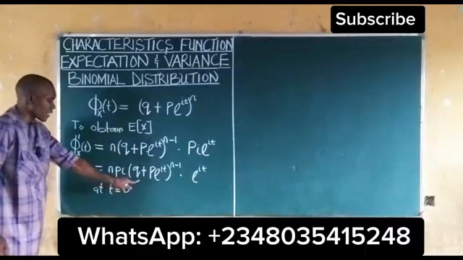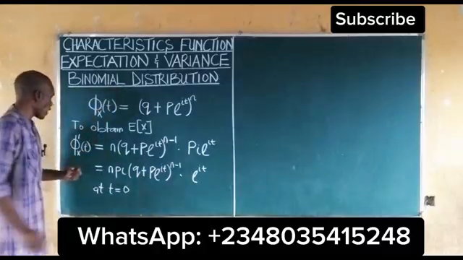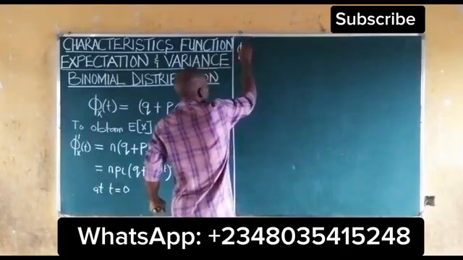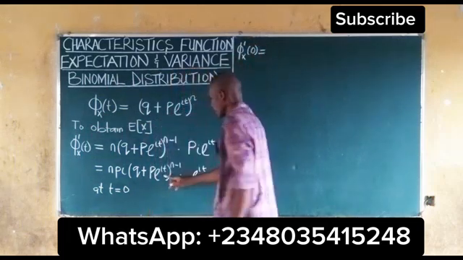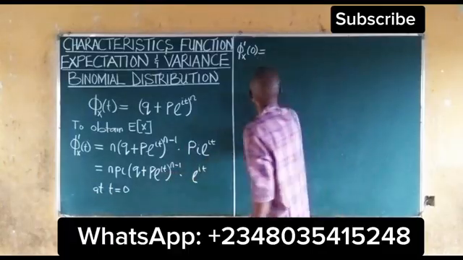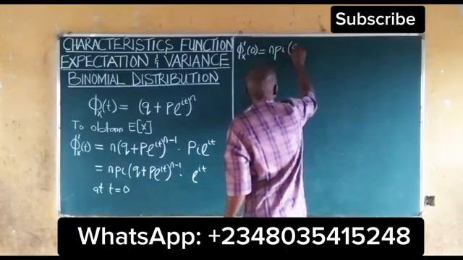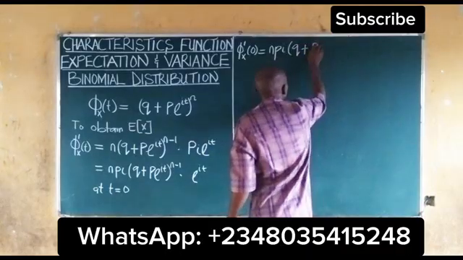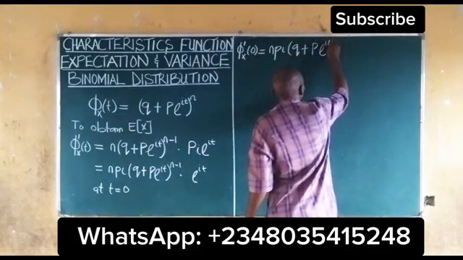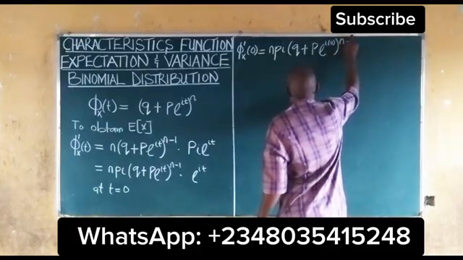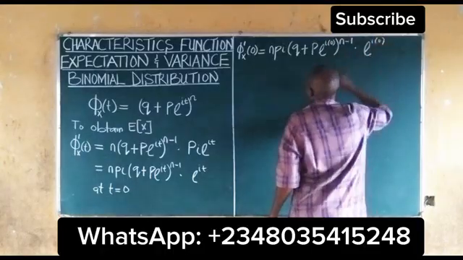At t equal to 0, anywhere we see t, we put 0. So we write it as n p i into (q + p e^{i0}) to the power of n minus 1 multiplied by e^{i0}.